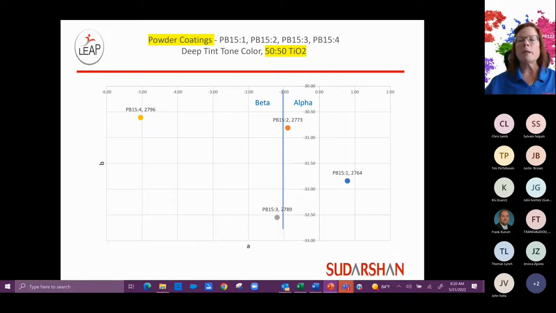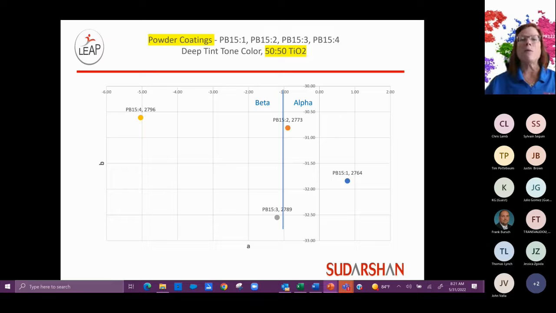And in this powder coating formulation, you can see that there's not a lot of distinction between the alpha and beta line, where the pigment blue 15-2 and the pigment blue 15-3 are right on the same line in terms of the red greenness. However, the 15-3 is much more blue in terms of this application, so it does develop its color more so than the 15-2 in this powder coating formulation.